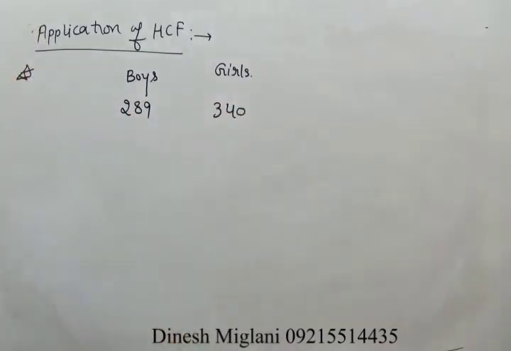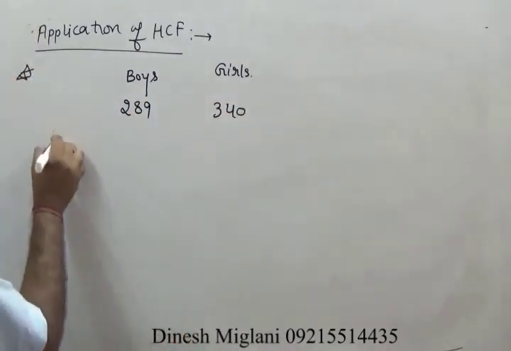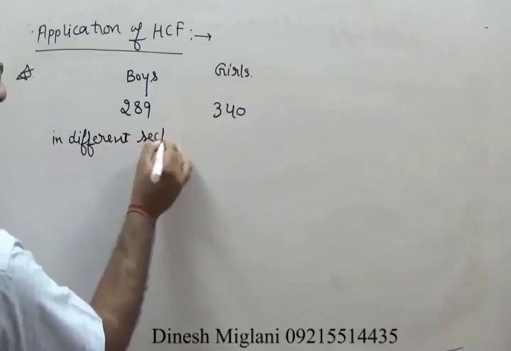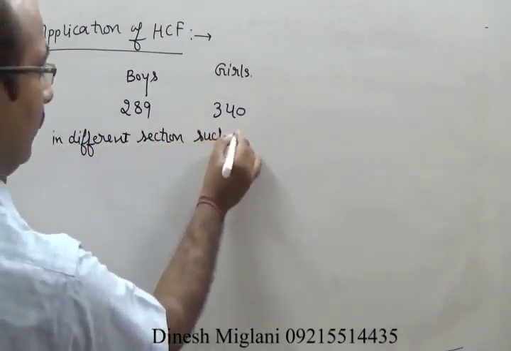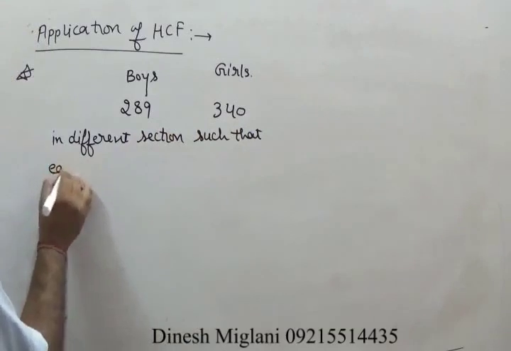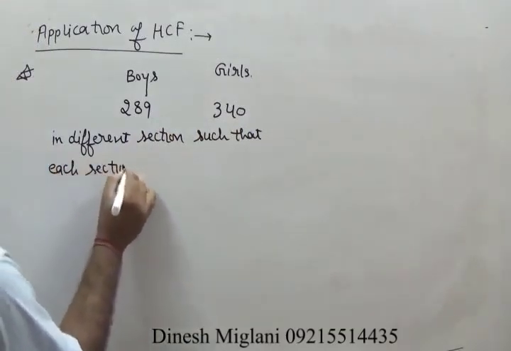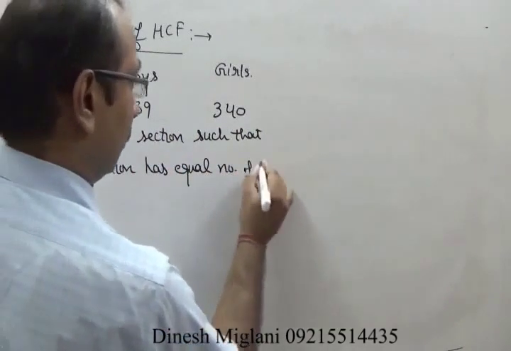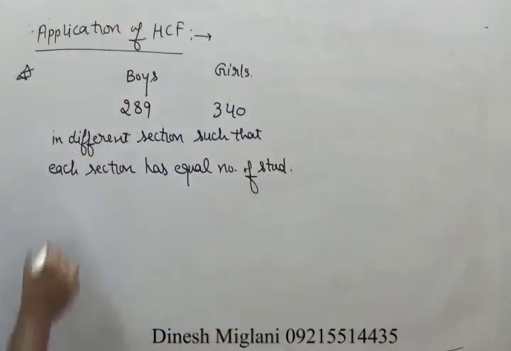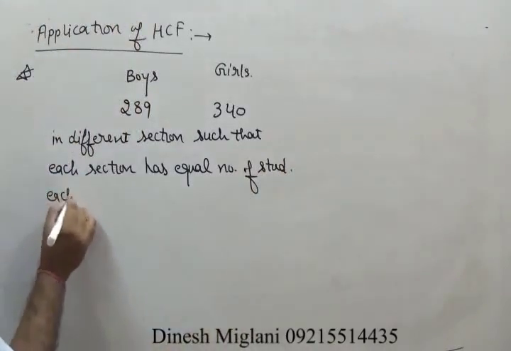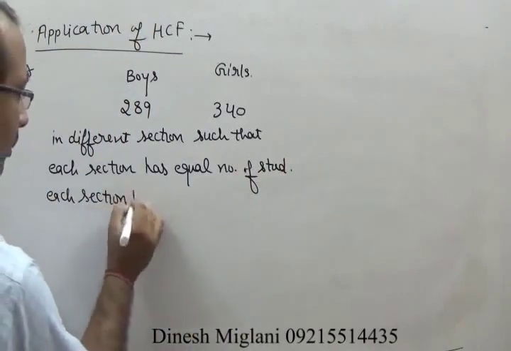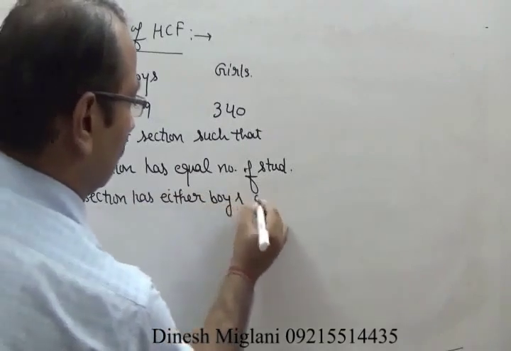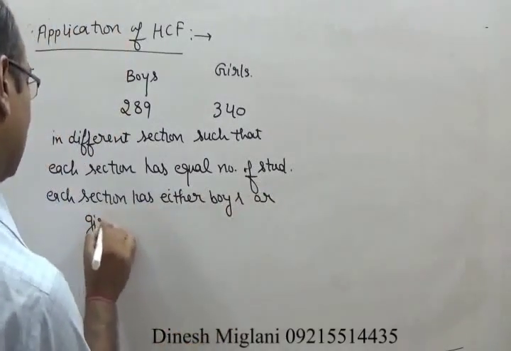It is given that these students have to be divided into different sections such that each section contains an equal number of students, and secondly, each section has either boys or girls. Two such cases have been given to you.